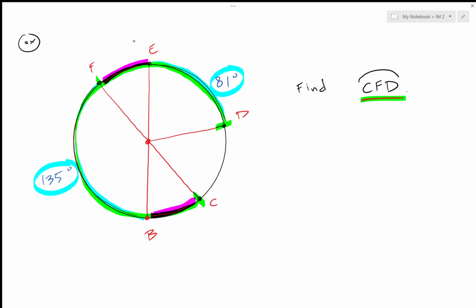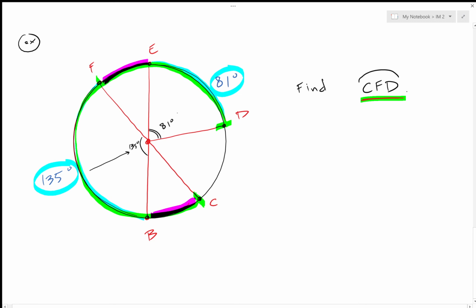All right, so one way to figure this out is to go back and forth between the central angles and the arcs outside. So I know from E to B is 135, so this thing inside is also 135 degrees. That's an 81 out there, so this one's also an 81.